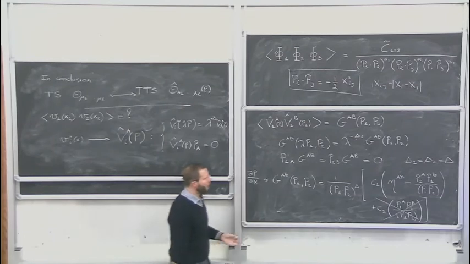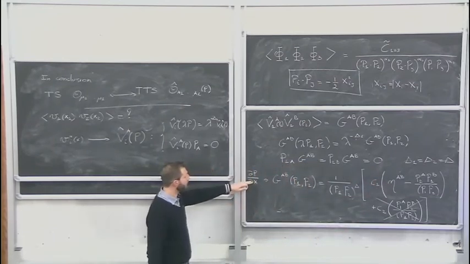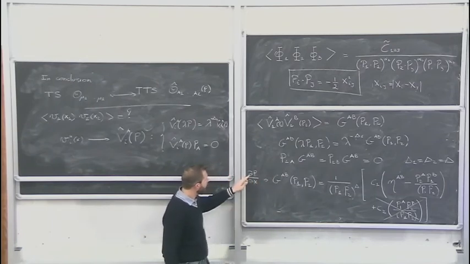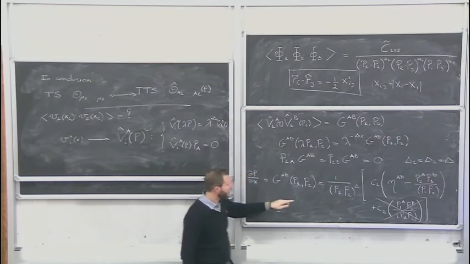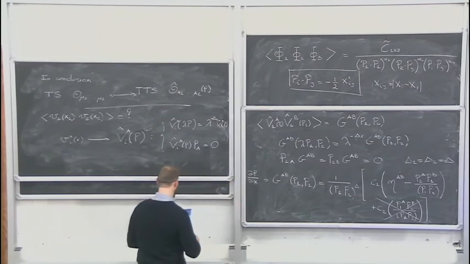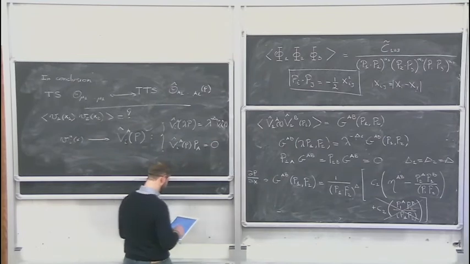Once you have this, you can project it down to D dimensions by contracting with this prefactor, and then using a bunch of identities.